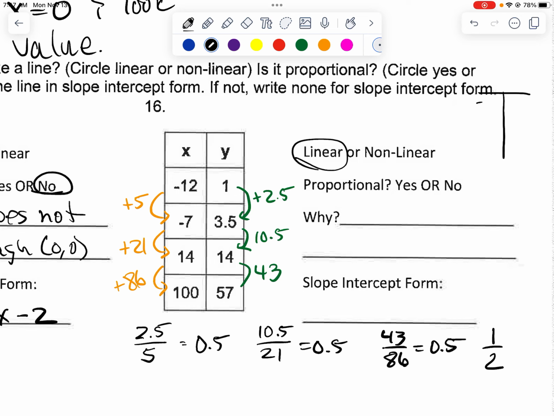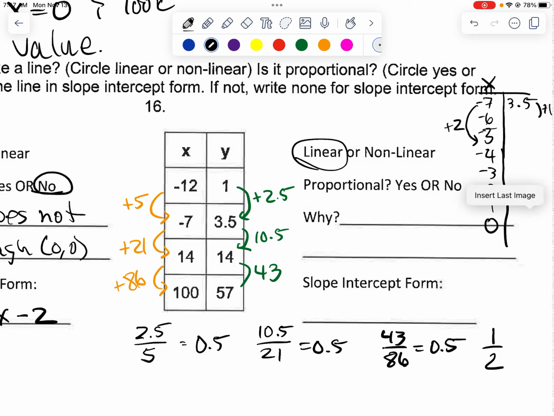So if I'm at -7, -6, -5, -4, -3, -2, -1, 0. So that's 3.5. And if I go up by 1s here, and I go, oops, up by 2s here.